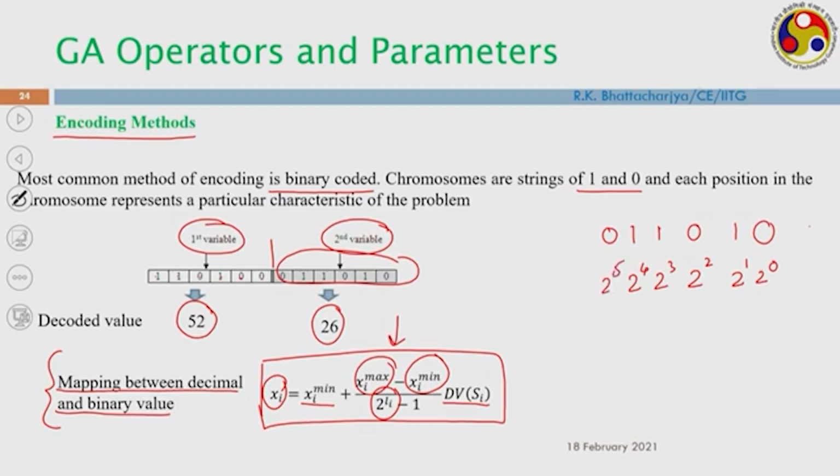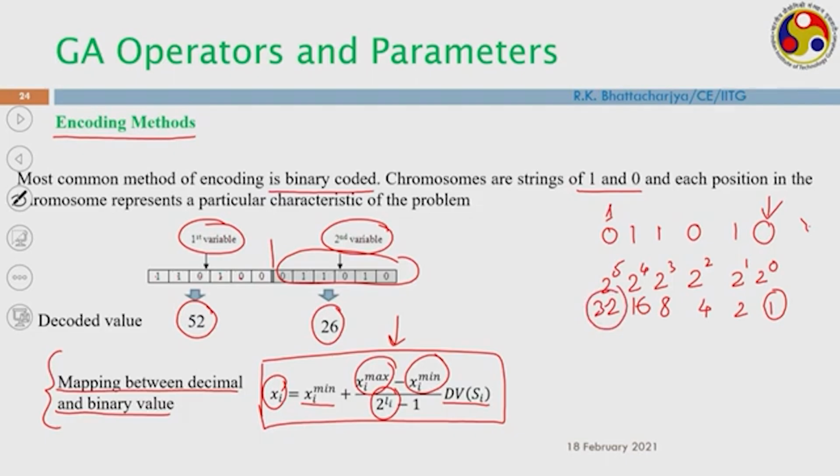So, this is 1, 2, 4, 8, 16 and 32. Now, if this right hand side bit is changed from 0 to 1, the change will be just 1. But if you change this left bit from 0 to 1, then you are adding 32 to the new string.